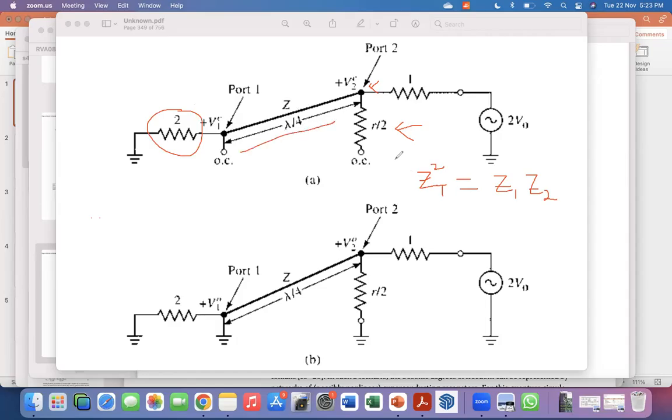So this ZT is Z and Z1 is 2. So Z2 is Z square over 2. Okay, so this is Z in. I'm calling it the input impedance seen from port 2 for the even mode excitation. And that is equal to Z square over 2. Okay, 2 here because this is 2. Not some random factor of 2.